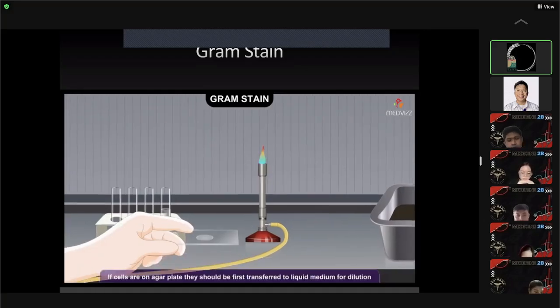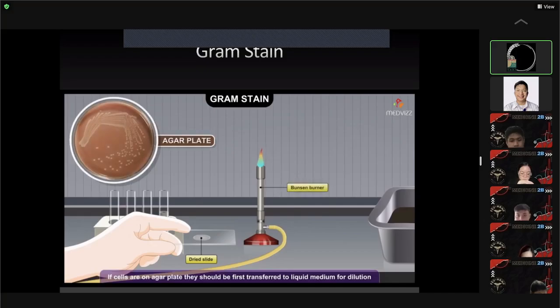If the cells are on an agar plate, they should first be transferred to a liquid medium for dilution. The cells should form a thin, barely visible film. This can be achieved by smearing cells obtained from the surface of an agar medium or from a liquid culture. Fresh cultures must be used because as cells age, they lose their ability to retain the stain.